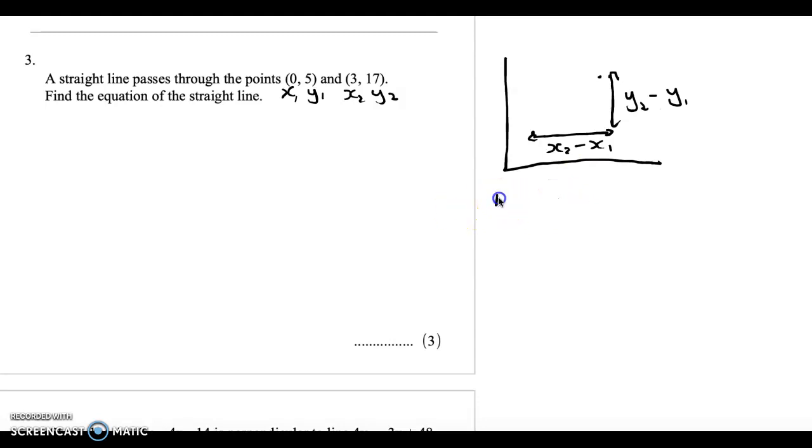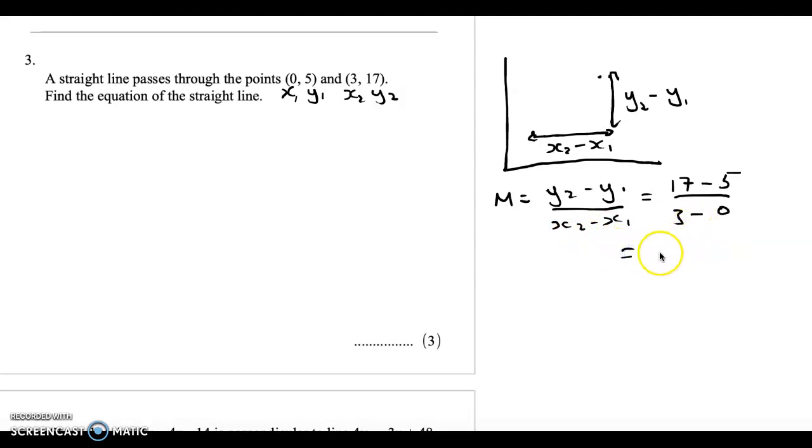So our m equals y2 minus y1 divided by x2 minus x1, which equals, so y2 is 17 minus y1, which is 5, divided by x2, which is 3, minus x1, which is 0.